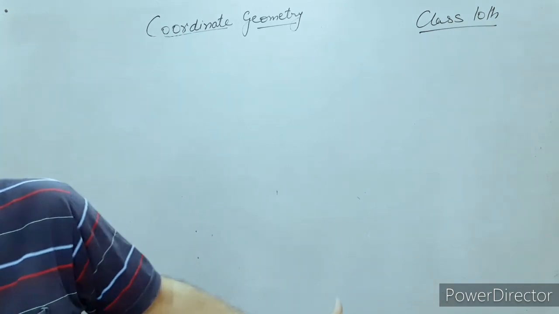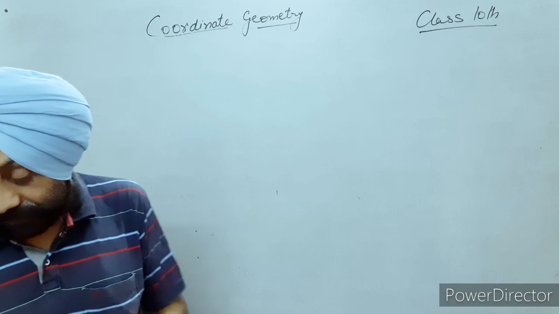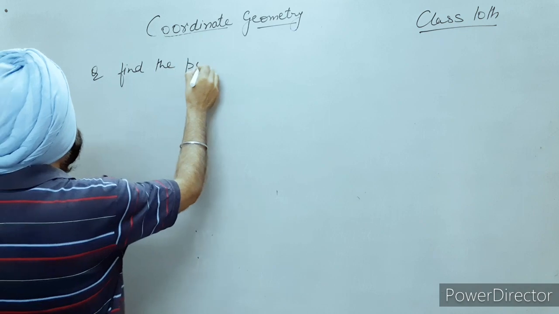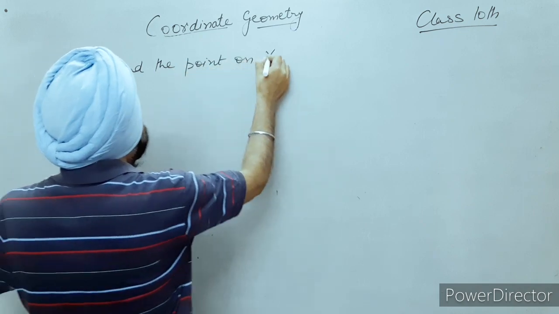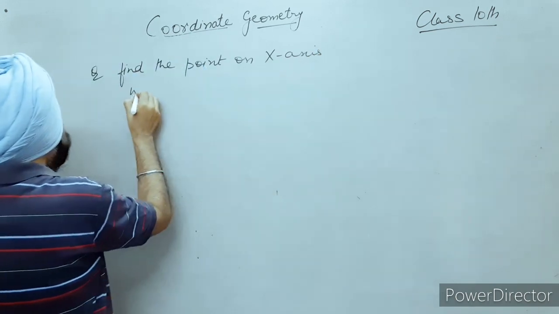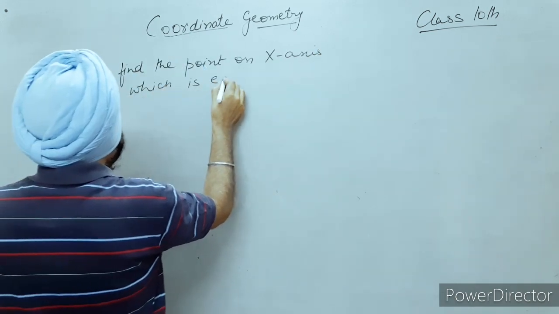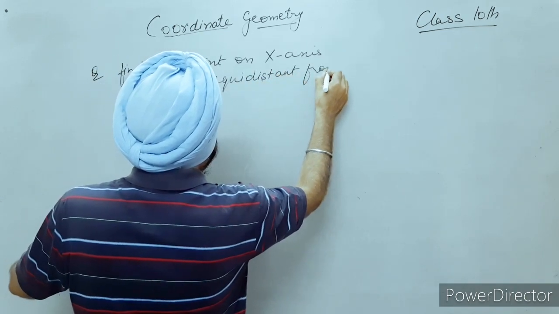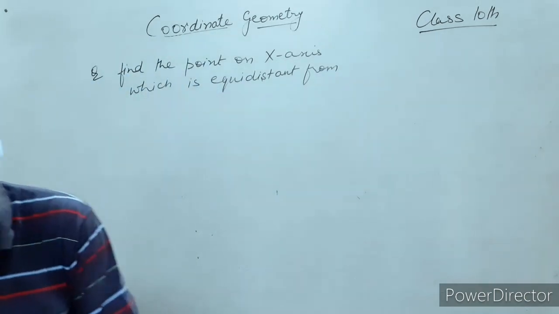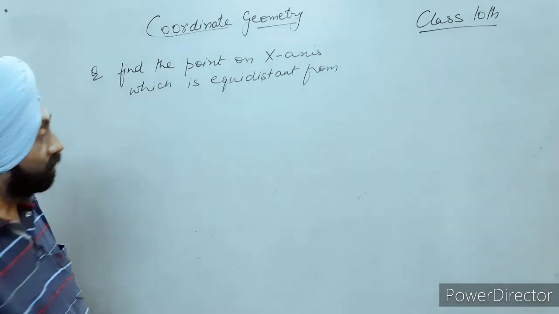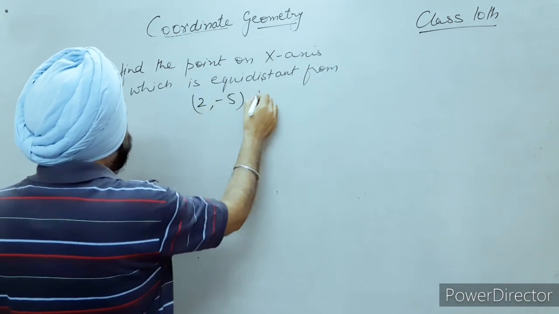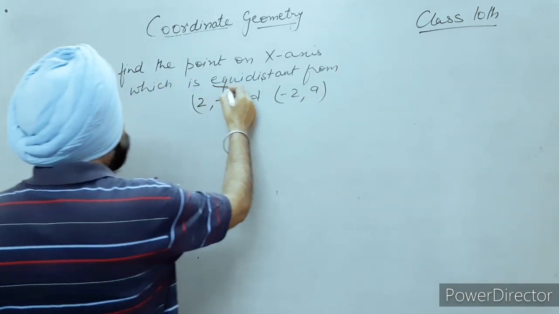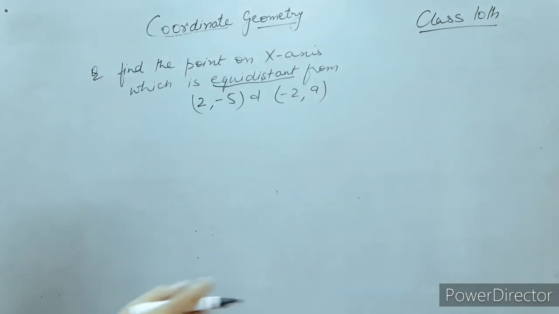Find the point on the x-axis which is equidistant from the points (2, -5) and (-2, 9). Now what do you mean by equidistant? Equidistant means equal distance.